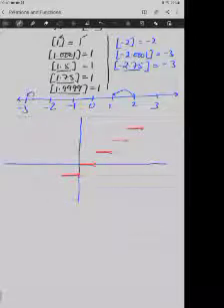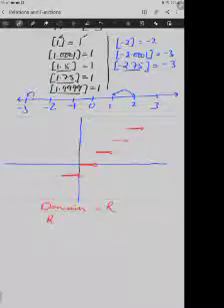So it will be like this, a step-like thing. So in this case, the domain is the real numbers and the range is the integers.